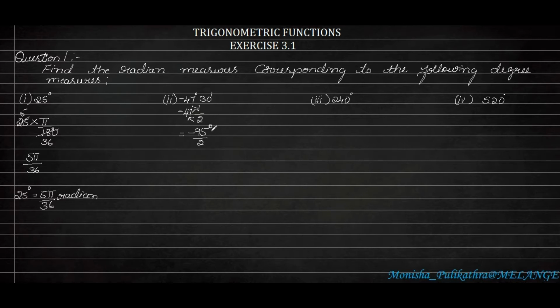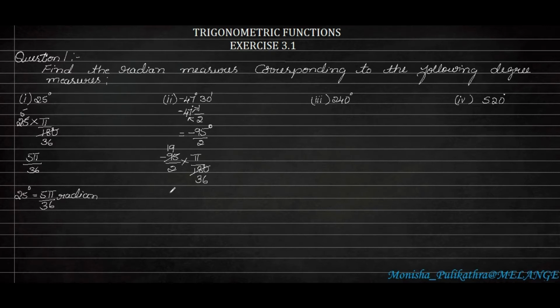Next we need to convert this degree into radian. We know that in order to convert degree into radian, we multiply it by pi by 180. Next we need to divide. So 180 I will divide by 5. 5 3s are 15, 3 carry, 5 6s are 30. And here also 5 1s are 5, 4 carry, 5 9s are 45.